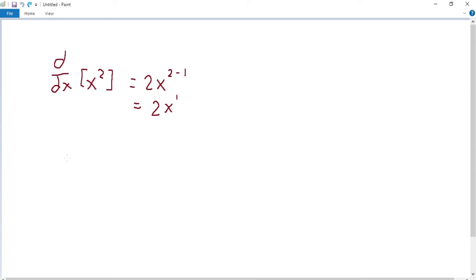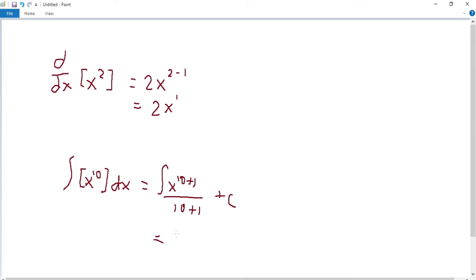Another example, x to the 10 dx. So this is going to be x to the 10 plus 1 over 10 plus 1 plus c. It's going to be x to the 11 over 11 plus c. That's your answer.